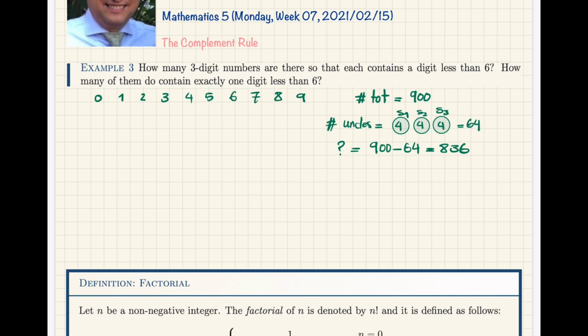So I would say that, okay, let me have something like a Venn diagram for myself.